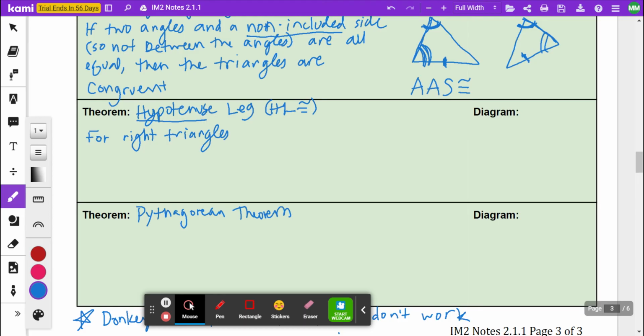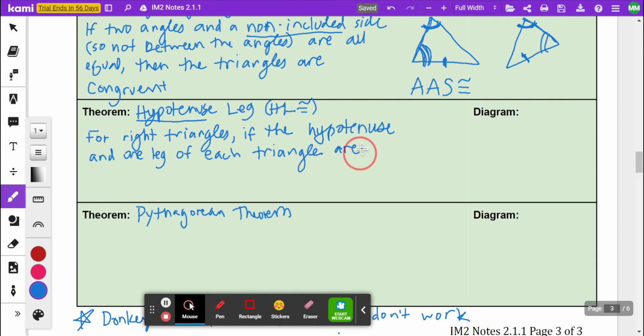So for right triangles, if the hypotenuse and one leg of each triangle are equal, then the triangles are congruent.